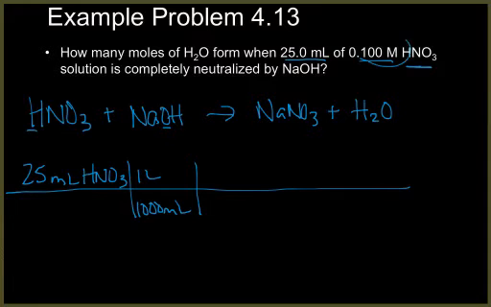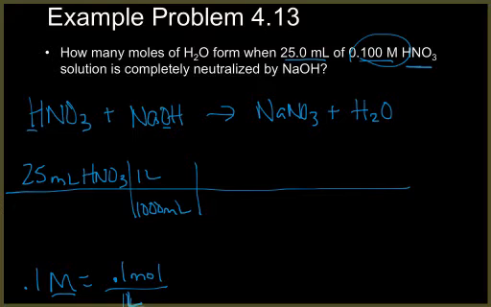Now, 0.1 molar is the same as 0.1 moles over 1 liter. Like we said before on the previous page, molarity is moles per liter, so if they give us a molarity, that's the same as saying 0.1 moles of that substance are in 1 liter of that solution.